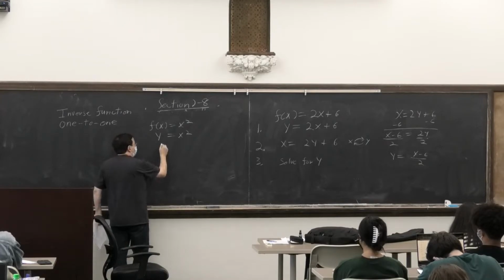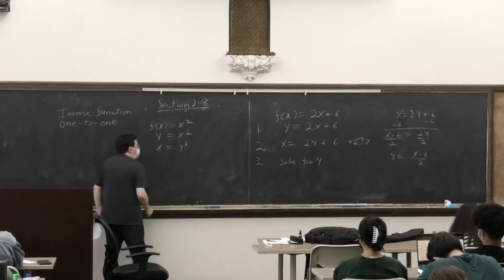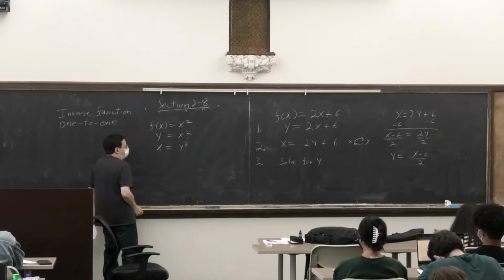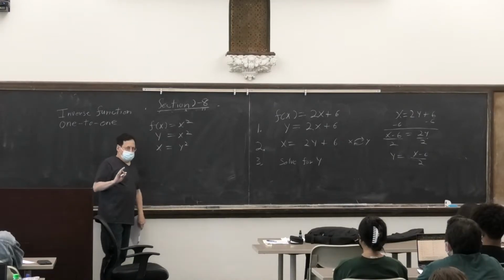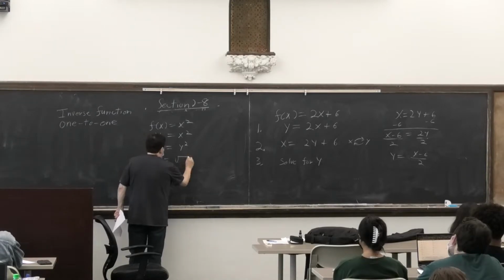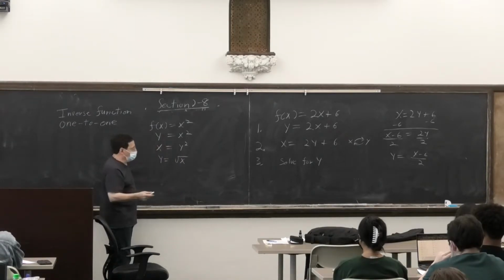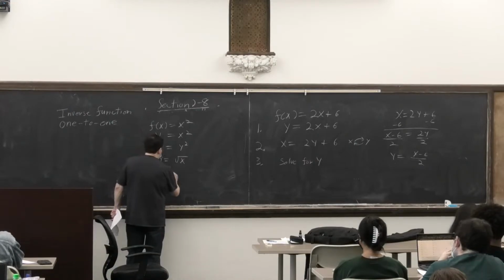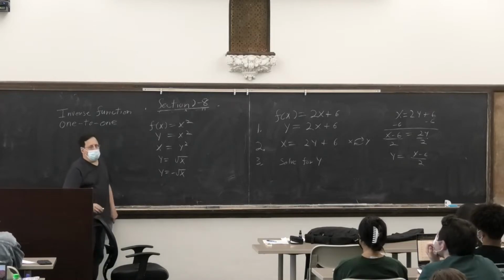That's the first step. Switch the variables, x equals y squared. And now we want to solve for y. So how are we going to do that? Well, here it gets a little tricky. We could say y equals square root of x. Or we could say y equals minus square root of x. Can't say both. We want an inverse.